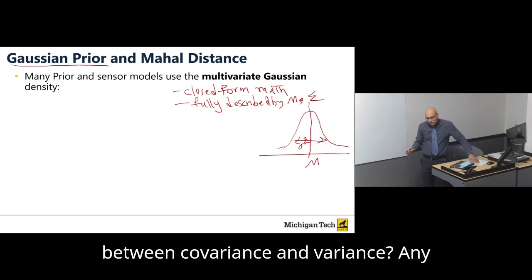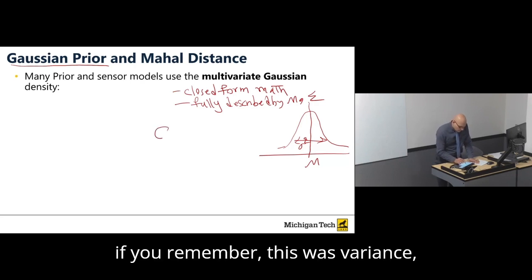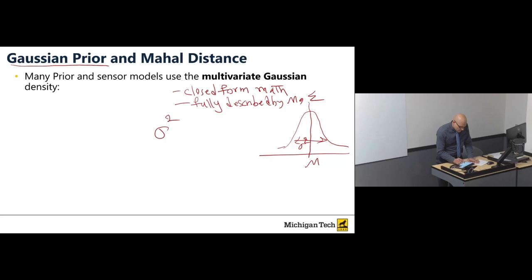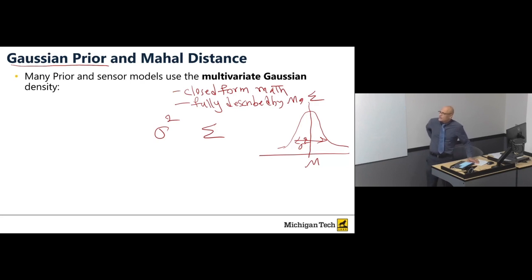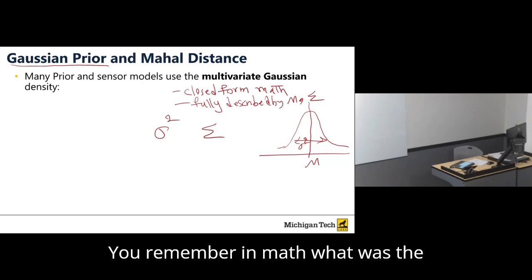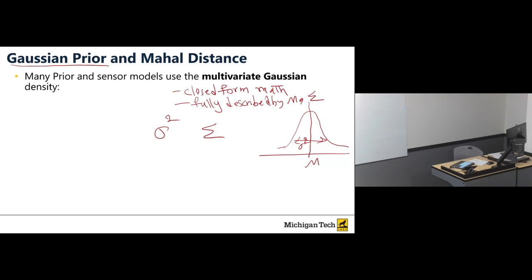What is the difference between covariance and variance? Any idea? If you remember, this was variance, and this is covariance. Have you heard about that?